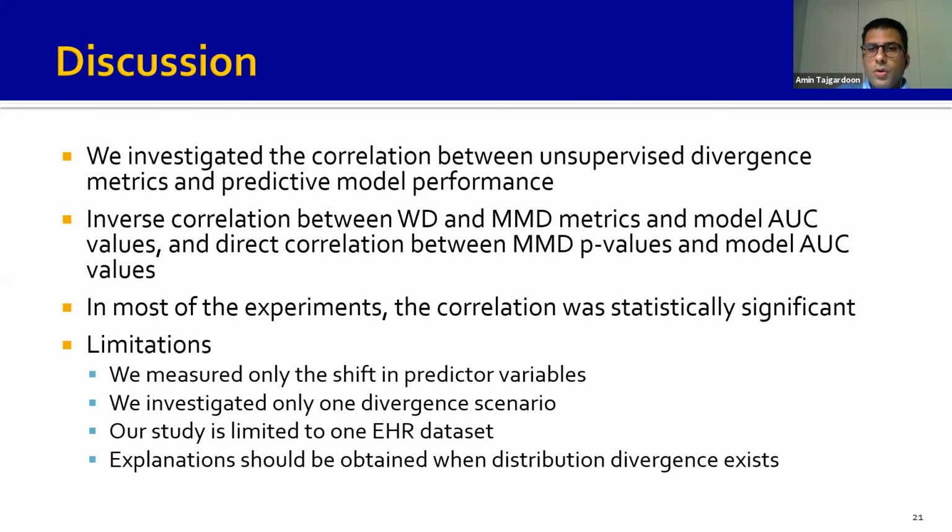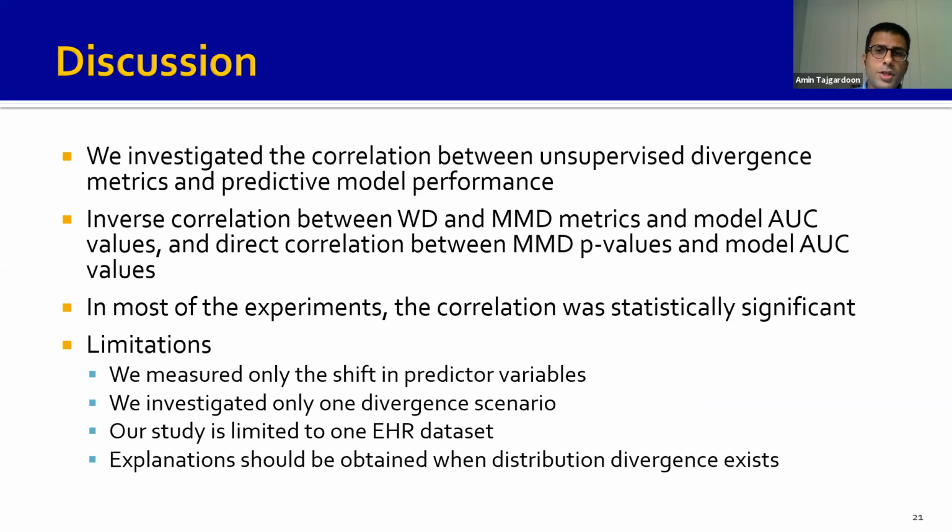The results showed significant inverse correlation between WD and MMD divergence metrics and model AUC values, and direct correlation between MMD p-values and model AUC values. In most of the experiments, the correlation was statistically significant. The direction of correlation was more consistent, and the strength of the correlation was the strongest for the WD metric.